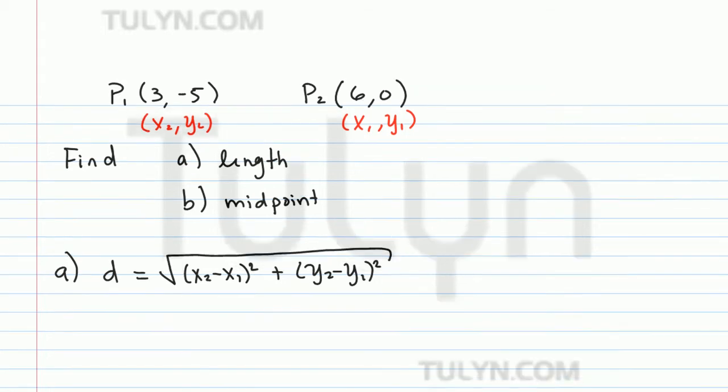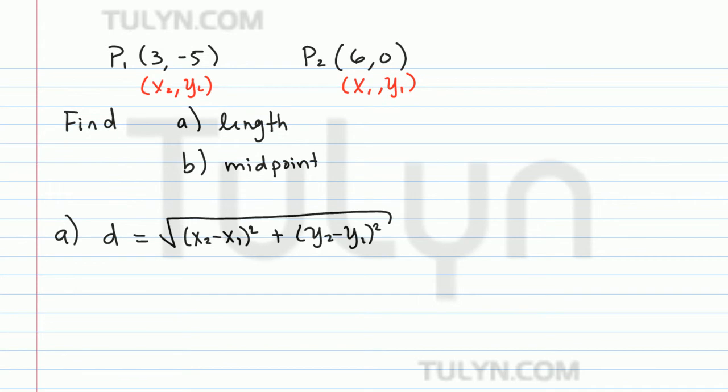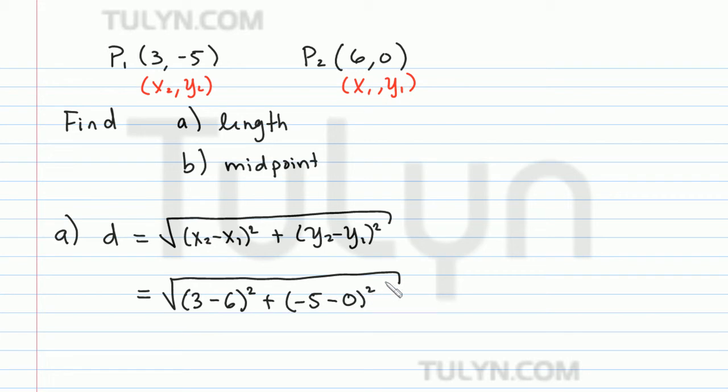So let's now apply our substitutions. So the distance between these 2 points is going to become the square root of (x2, which is 3, minus x1, which is 6) squared, plus (y2, which is -5, minus y1, which is 0) squared.